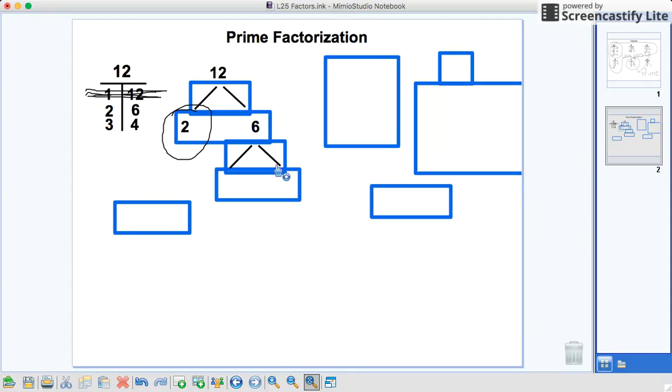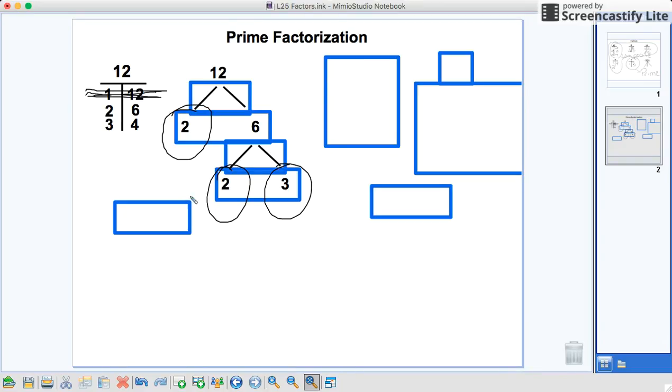And I know that 6 times 1 isn't going to get me anywhere again. So 6 is an even number, so I know that I can use 2. And in this case, I can use 2 and 3 and get 6. So I'm going to circle these because I'm done with them.